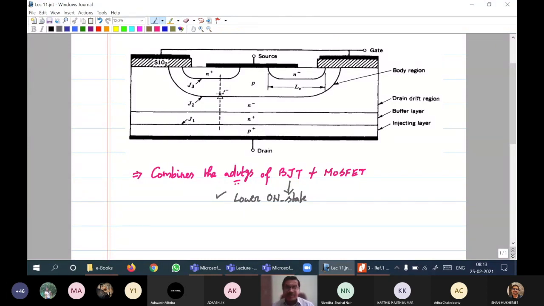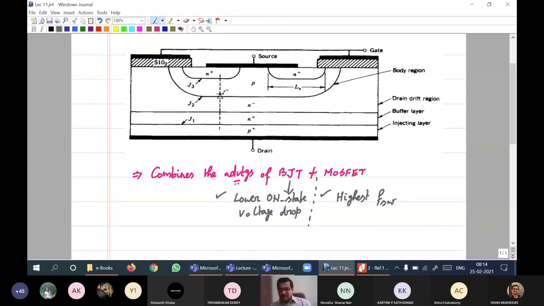So BJT has a lower on-state voltage drop, whereas if you take MOSFET, MOSFET has got the highest switching frequency, operating frequency.